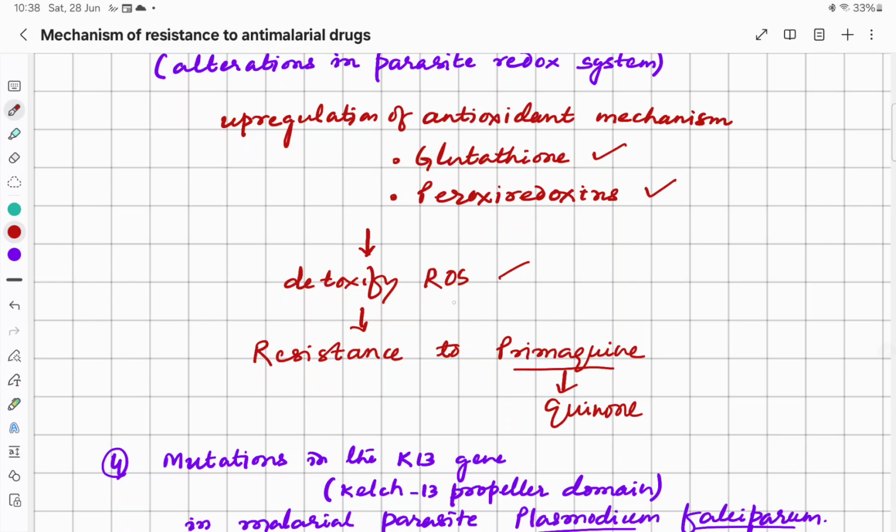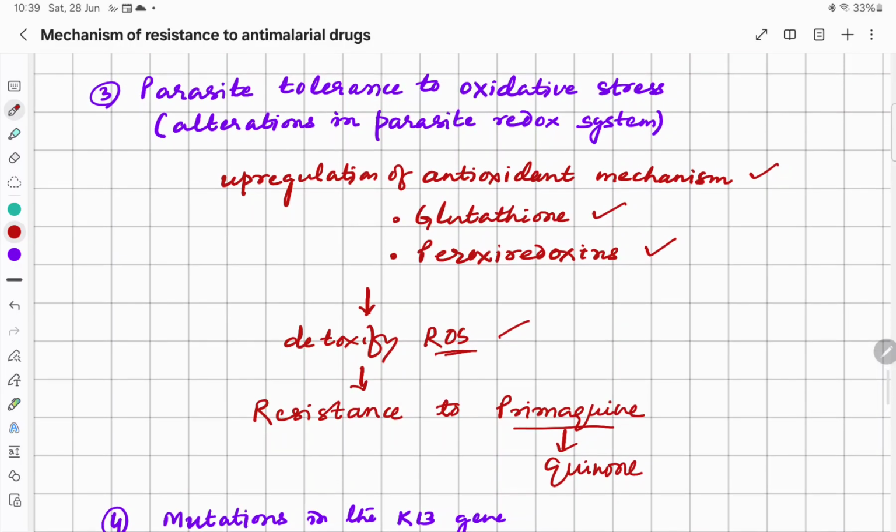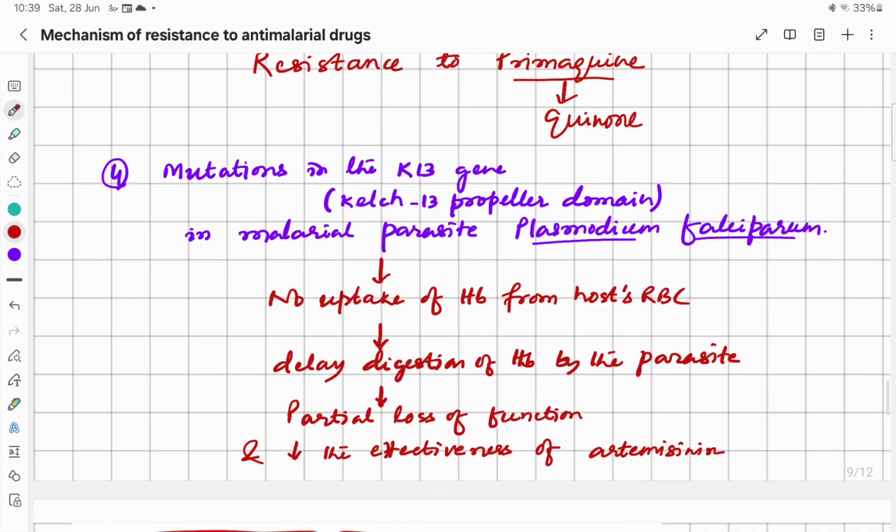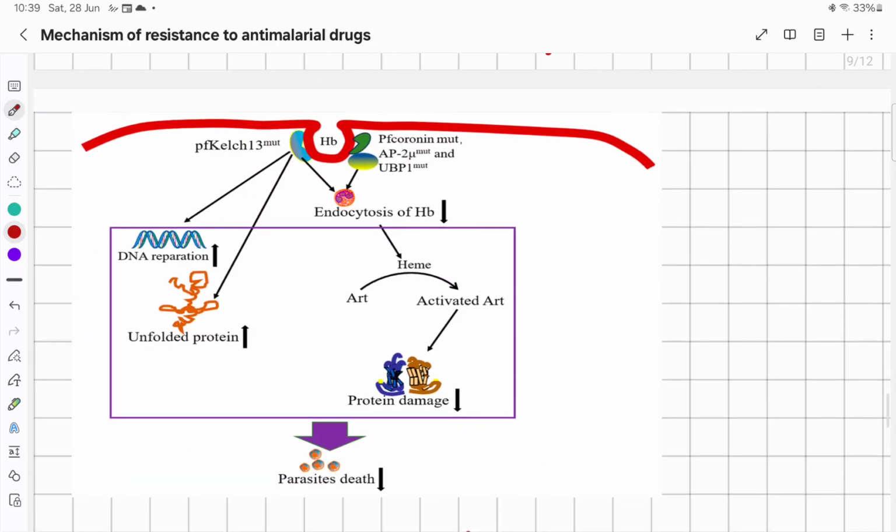So that requires the reactive oxygen species, and those can be detoxified by the antioxidant mechanisms. So this is another mechanism of resistance. Then the fourth mechanism of resistance is the mutations in the K13 gene, that is the Kelch13 propeller domain in the malarial parasite Plasmodium falciparum. And let us see this figure.